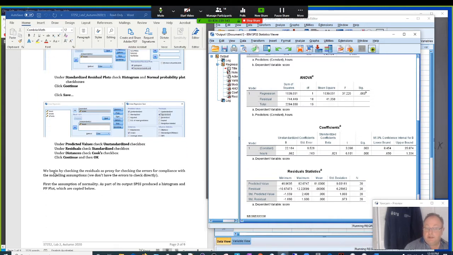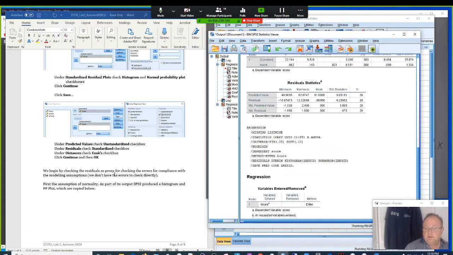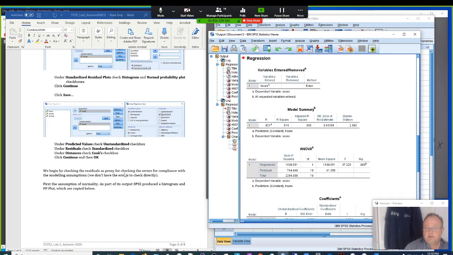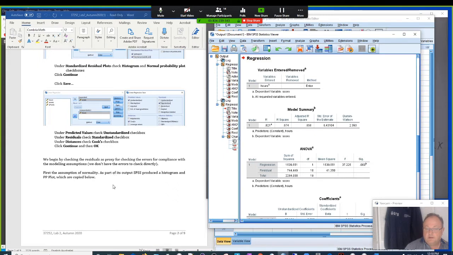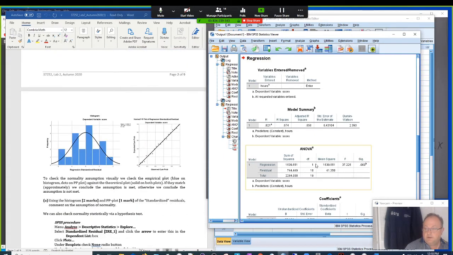Okay, so this is an interesting idea here. We begin by checking the residuals as a proxy for checking the errors for compliance with the modelling assumptions. The assumption of normality, it's a histogram and a PP plot, and it's given here.